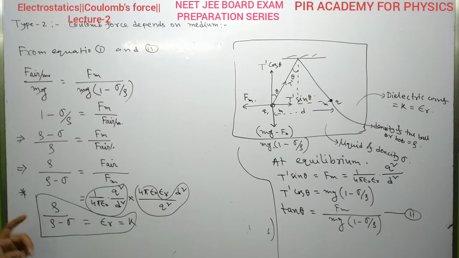If you know the density of the bob or ball and the density of the liquid, then you can easily calculate the dielectric constant or relative permittivity of this medium.